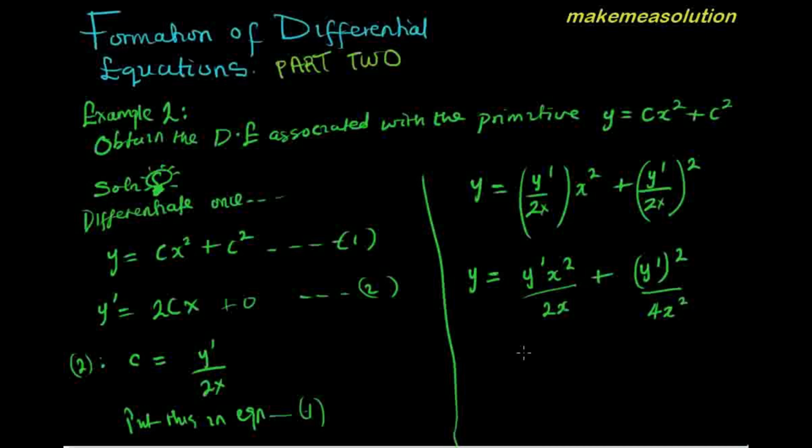Are we together? So assuming we multiply through by 4x squared, because the LCM in this particular case looks like 4x squared. So I'm just going to multiply all terms through by 4x squared.